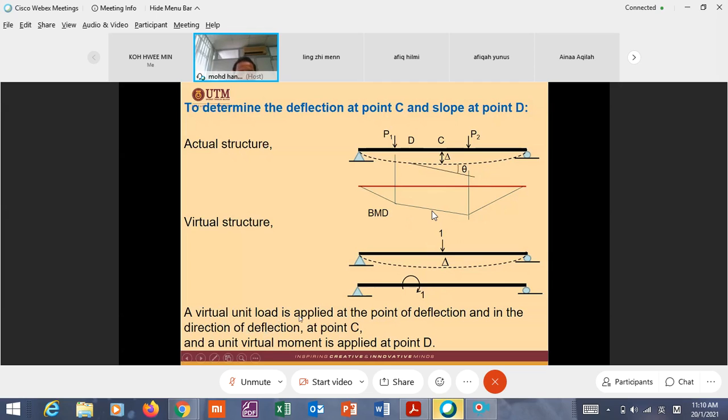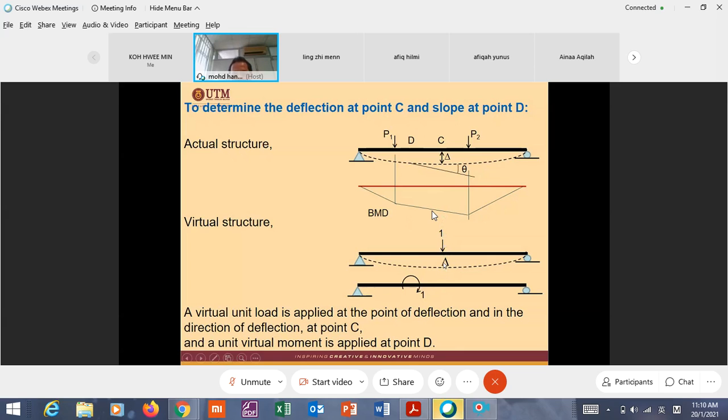So a virtual unit load is applied at the point of deflection and in the direction of deflection at point C. Remember, in the direction of deflection, which in this case is vertical. It does not matter whether it is downward or upward, but it is vertical.